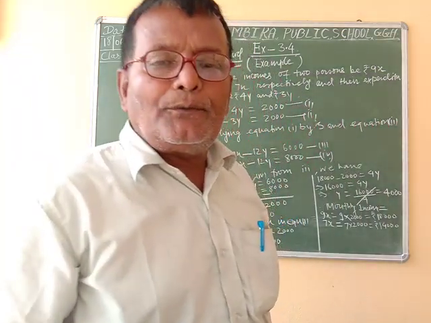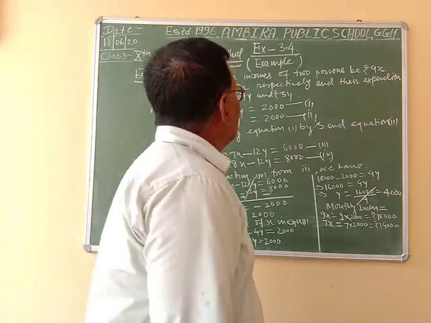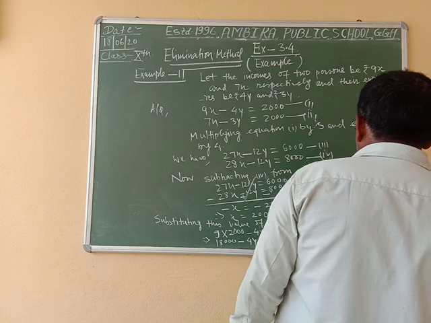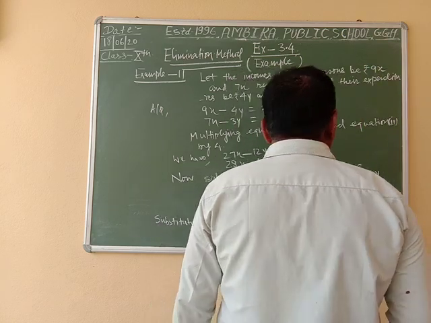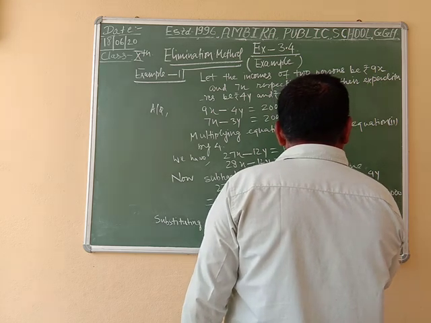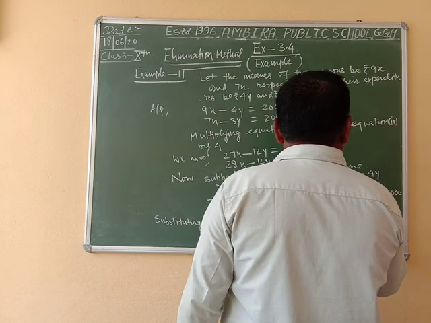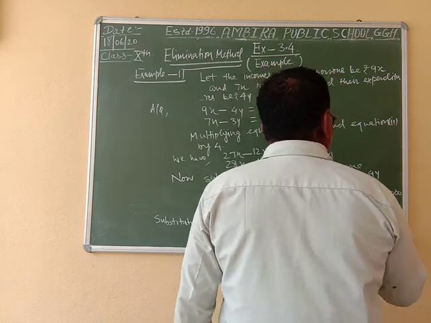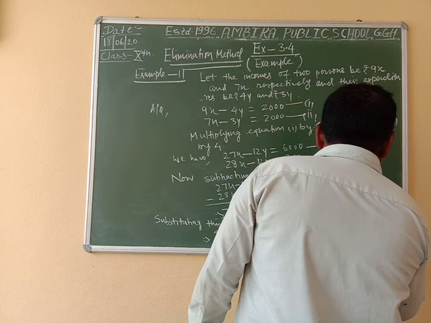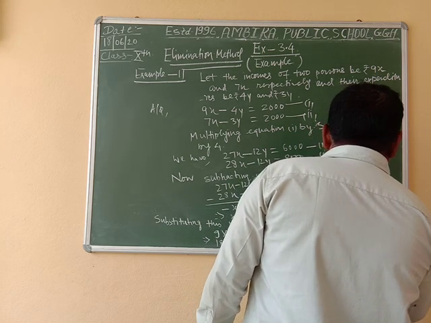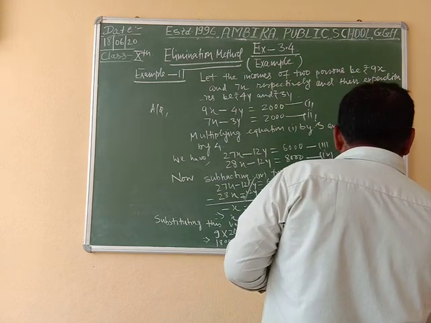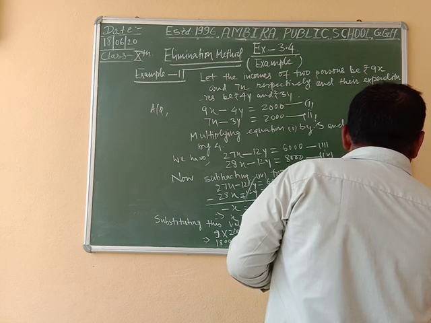So the incomes of the two persons are 18,000 and 14,000.